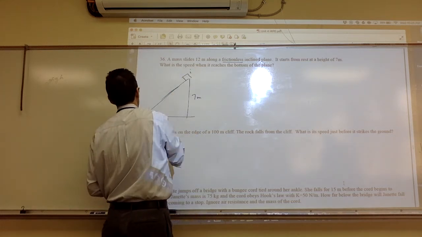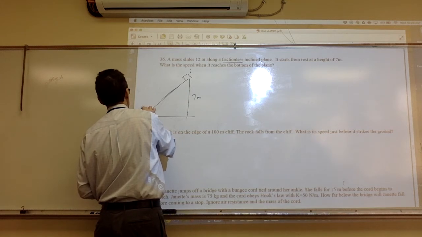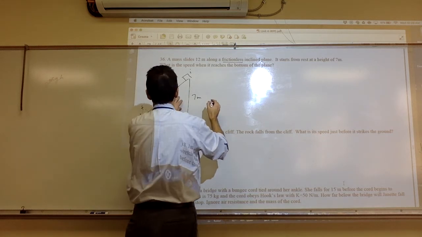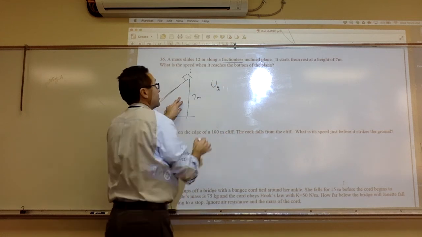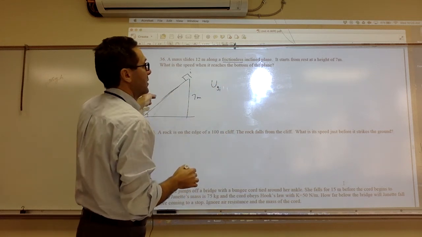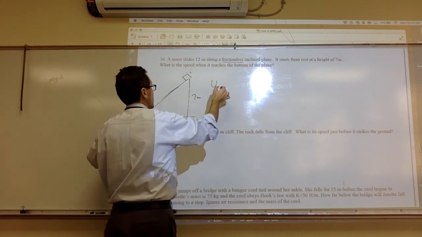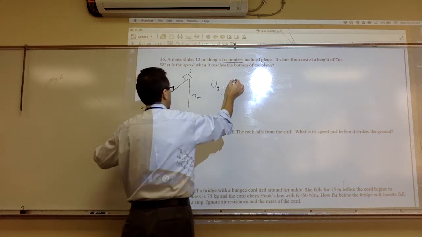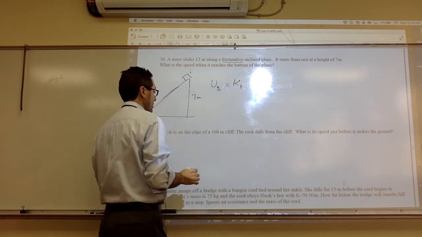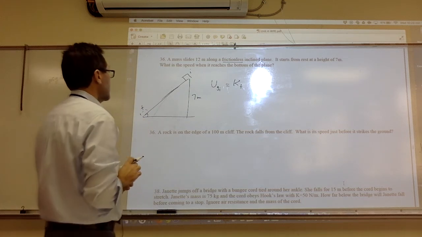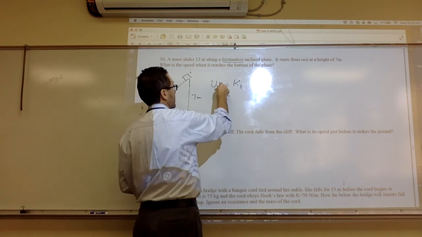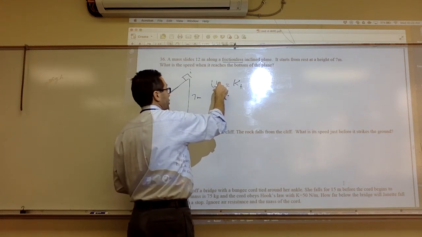I'm going to look at this as my initial state, the bottom of the ramp as my final state. So I'm going to say the gravitational potential energy at the very top has to be equal to the kinetic energy at the very bottom. And the reason for that is because there is no friction in between. If you had friction, you would add the work done by friction here.